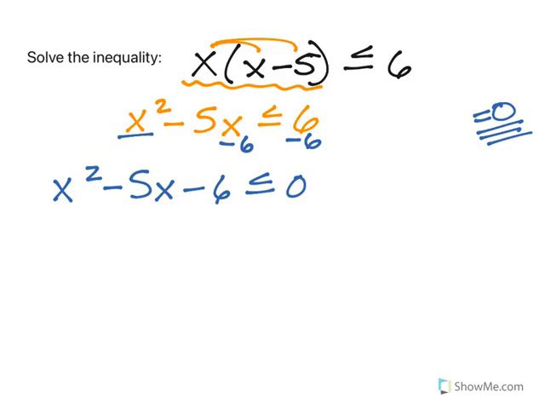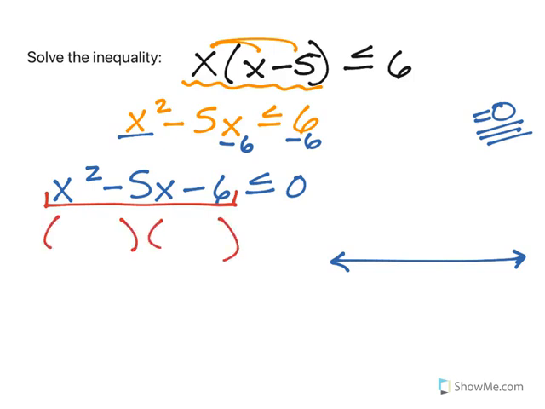So now that I have a quadratic expression compared to 0 as an inequality, I know that anything bigger than linear, I need to think about intervals, and I need to think about a number line. Well, in order to do a number line, I have to have checkpoints on the number line. So when I'm looking at this quadratic expression and comparing it to 0, I can think about the zero product property.